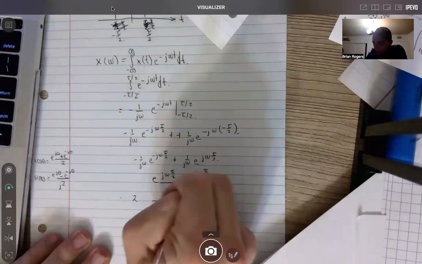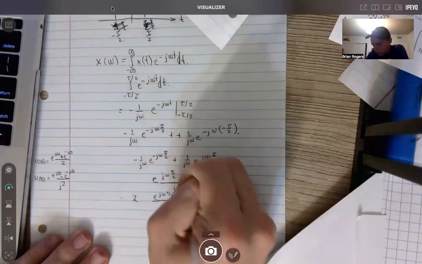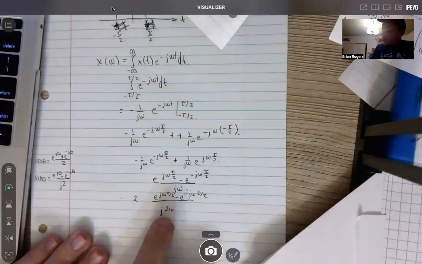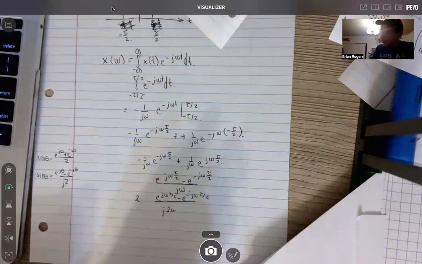So we have e to the j omega tau over 2 minus e to the negative j omega tau over 2. So those 2 would cancel. Now I just need to get rid of the omega. If I were to get rid of the omega, what do I need?